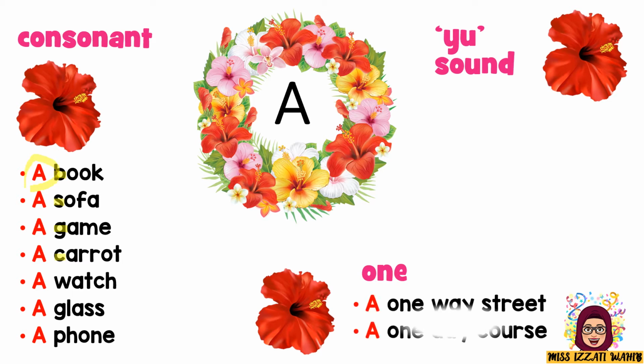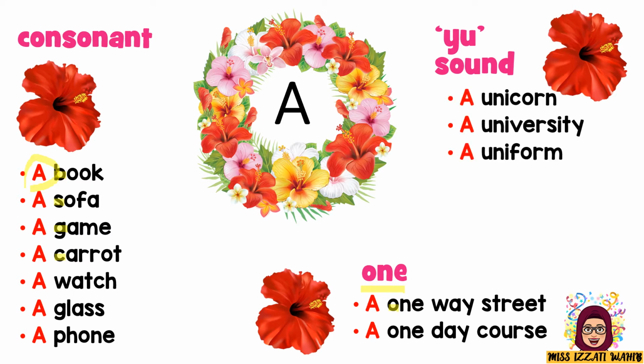Next, for one, a one-way street. Even though this is a vowel O, we use a for one. A one-day course. And then U sound. Okay, listen carefully.